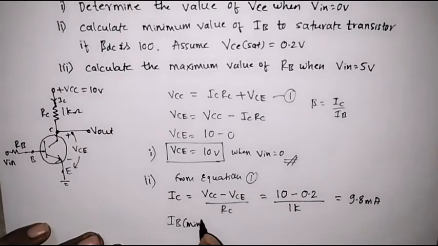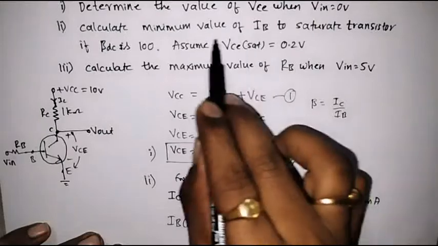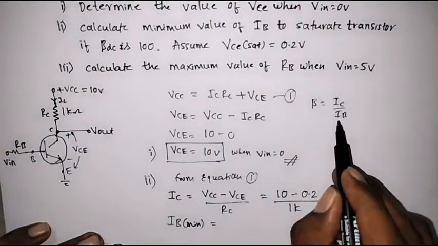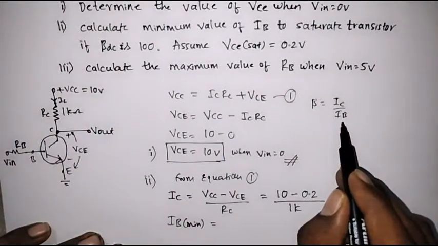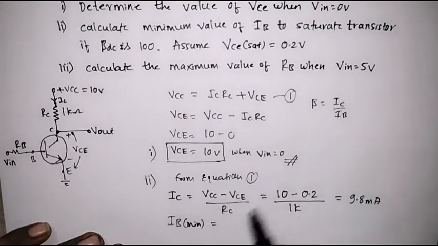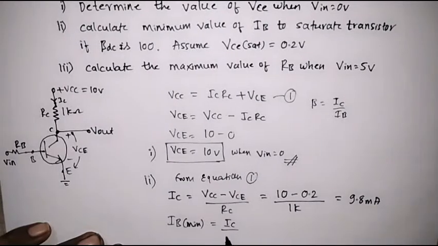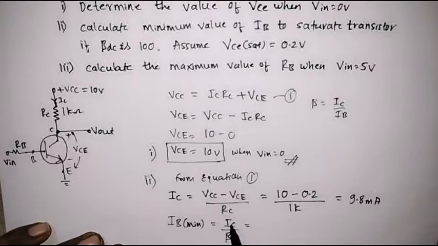So I can write IB minimum, because I need to calculate IB minimum, which is equal to IC divided by beta. So IC value is 9.8 milliamps divided by the beta value given, 100.